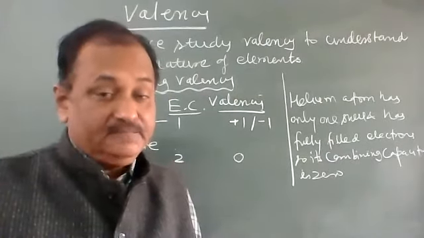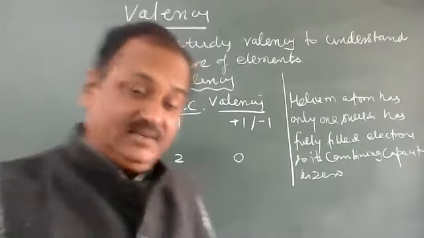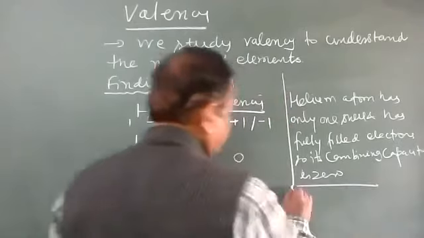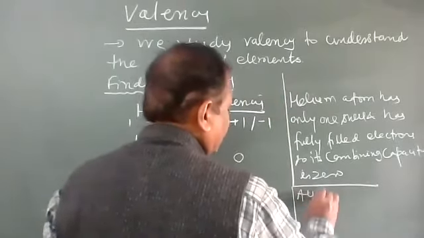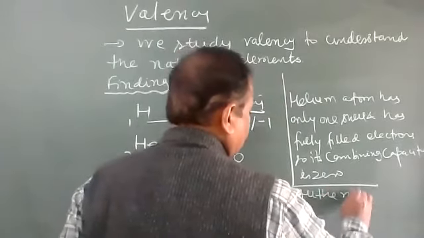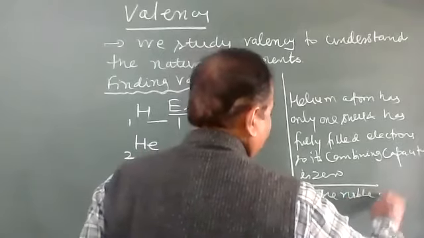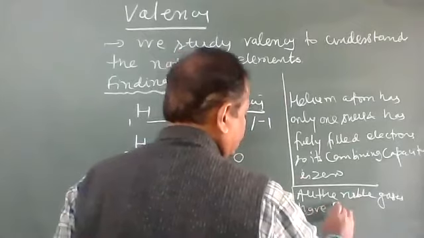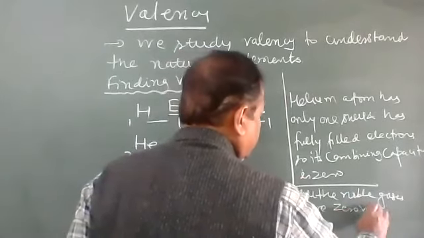This is the first point, and you have to keep in mind that all the noble gases have 0 valency.